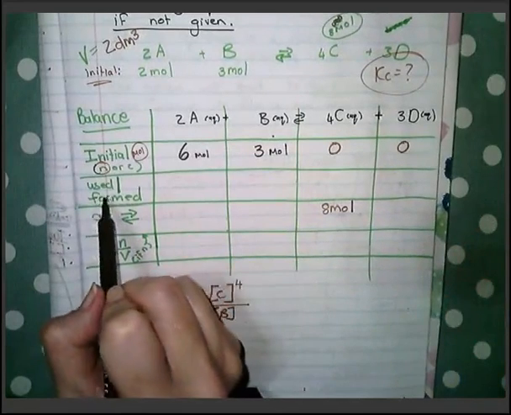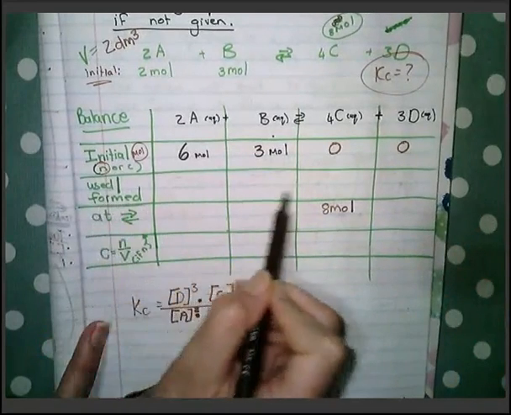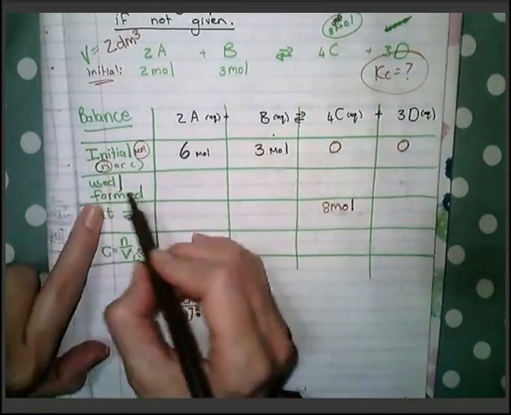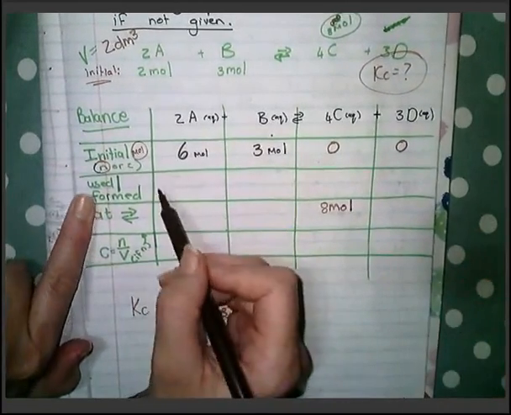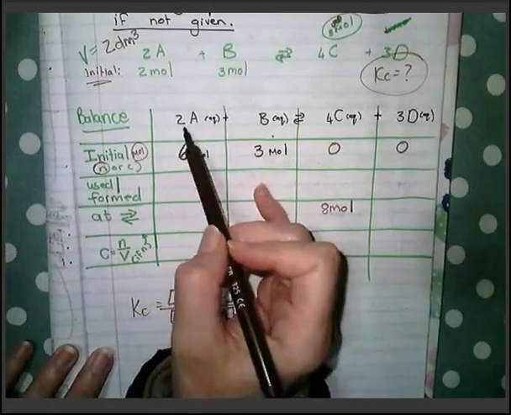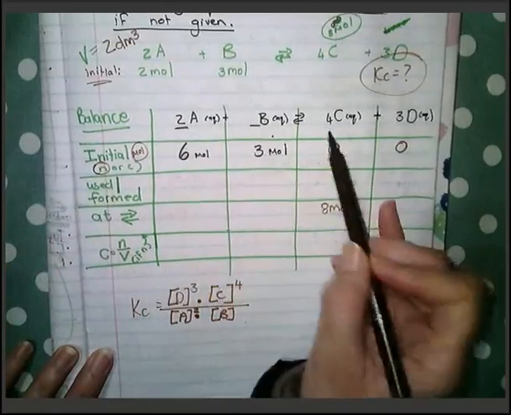Now, the used or formed. We write this in terms of X, and that X we get from the balancing numbers.